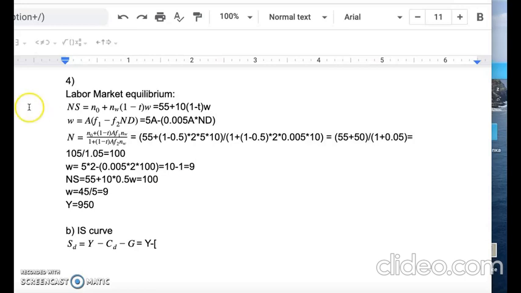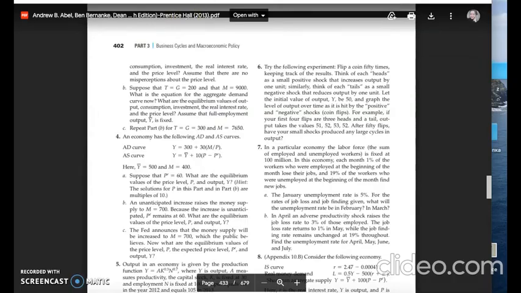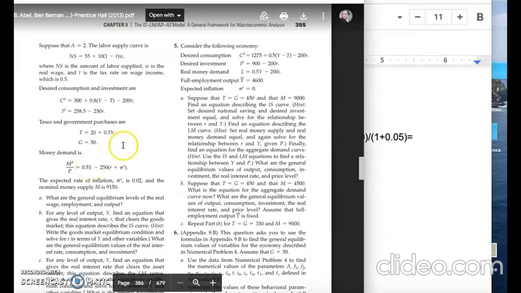For labor supply, we will use the equation from the ABC book, and in the problem we have the equation for the labor supply.